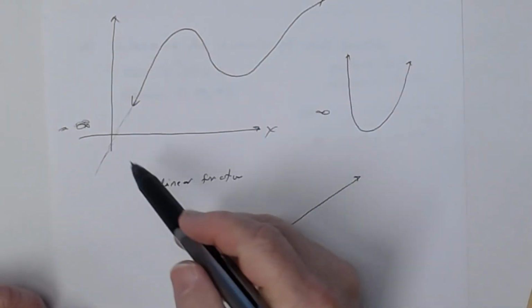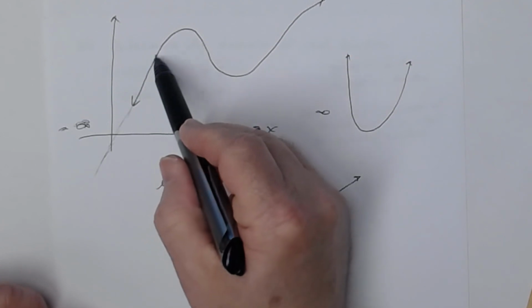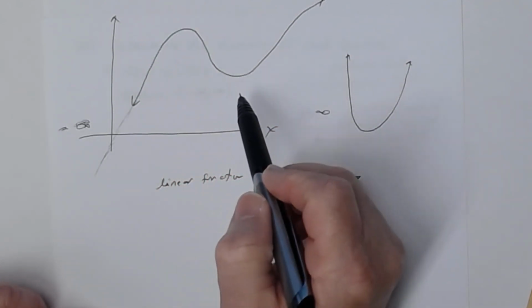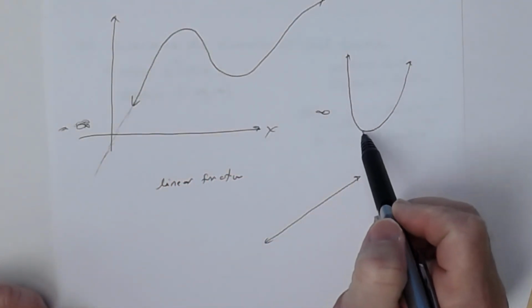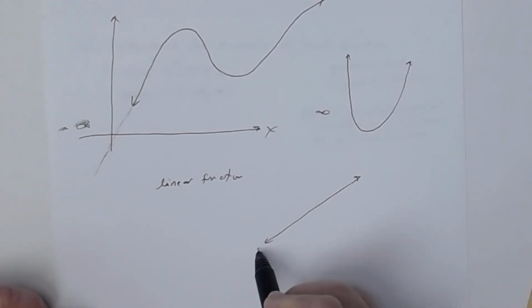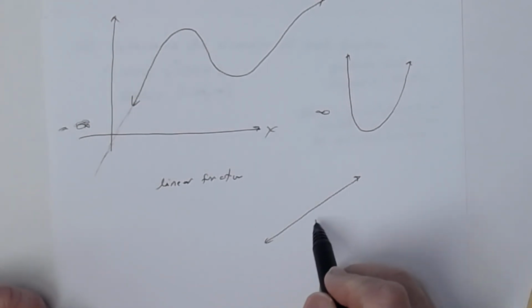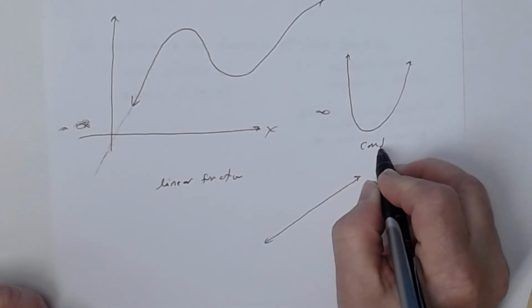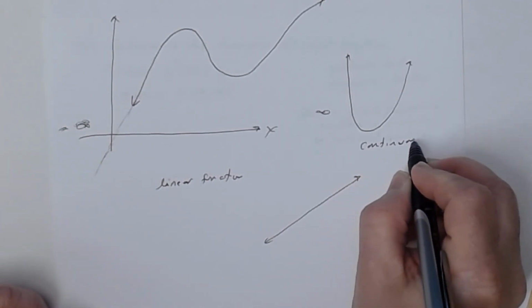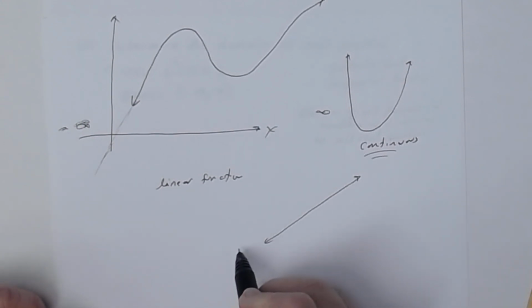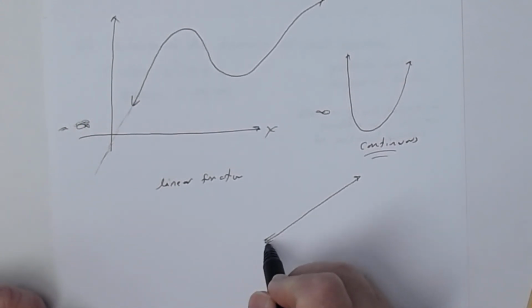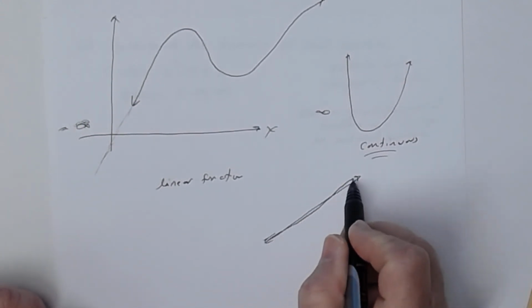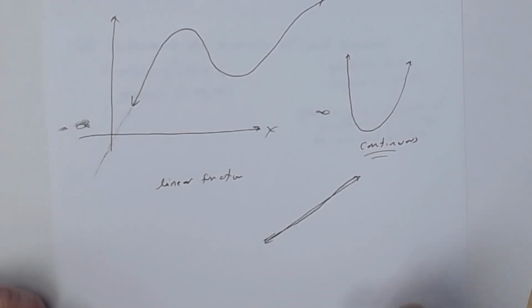It doesn't look like a curve that increases and then all of a sudden decreases. For this one I've drawn, it's always increasing. But the point is the word continuous. And so you want to look for that. So when I trace over that graph, it is a continuous function. There are no breaks in the graph, there are no holes, and so on.